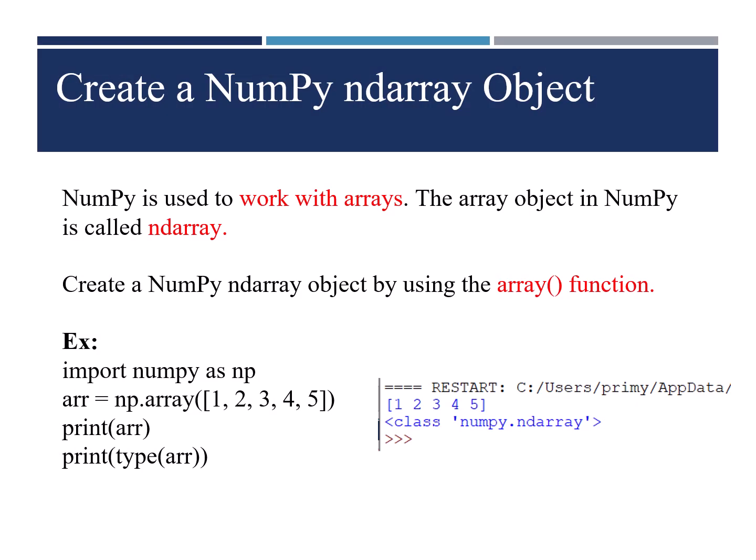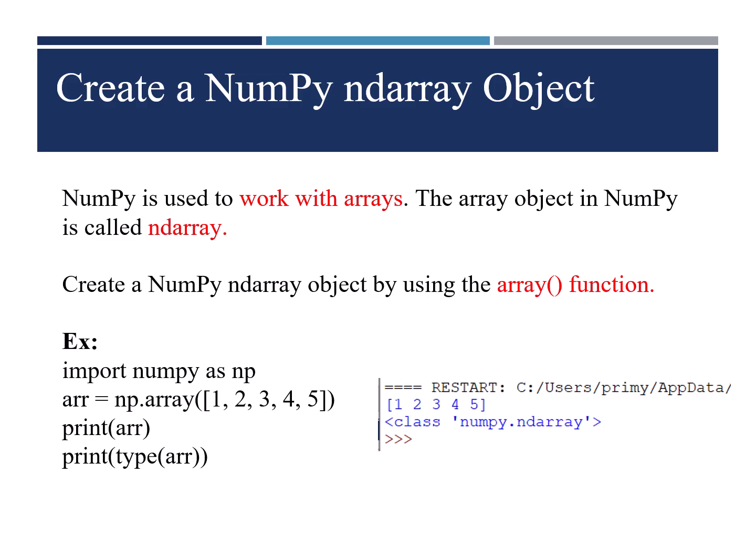Checking NumPy ndarray objects. NumPy is used to work with arrays. The array object in NumPy is called ndarray. We can create a NumPy ndarray object by using the array function. Example: import numpy as np, arr equal to np.array of, within the square bracket, the collection of values 1, 2, 3, 4, and 5.